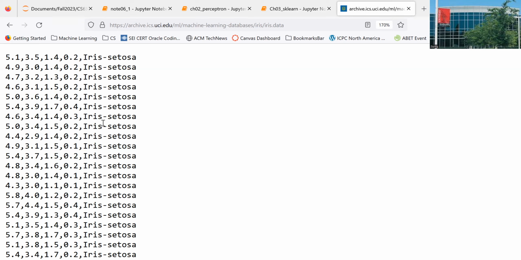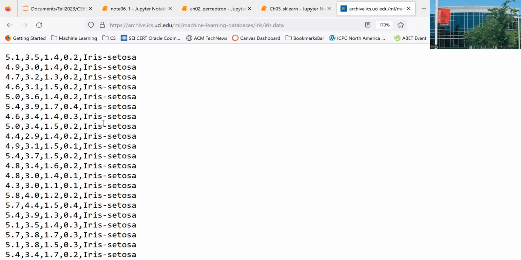Here it gives you the flowers. What we have here is 4 features, like petal length, petal width, and so on.